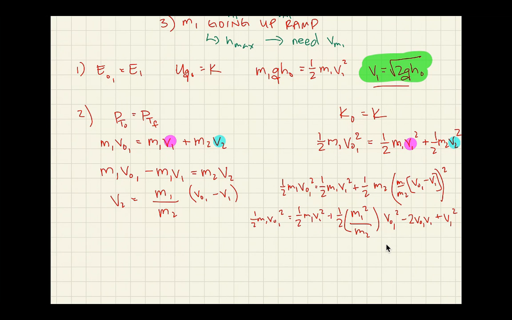Now I have just one unknown in this equation, right? I have v1. Everything else is known now because I have already solved for the initial velocity of object 1. So in this case, you're going to simplify and solve for that final velocity of v1.